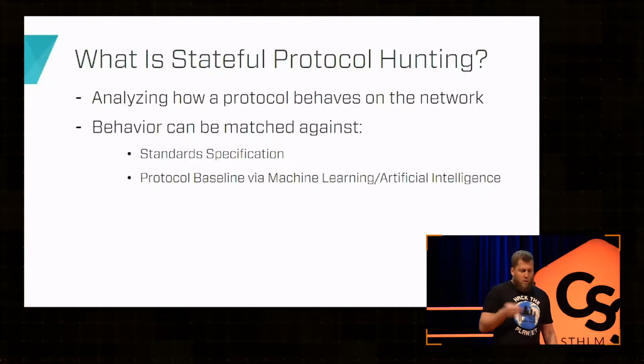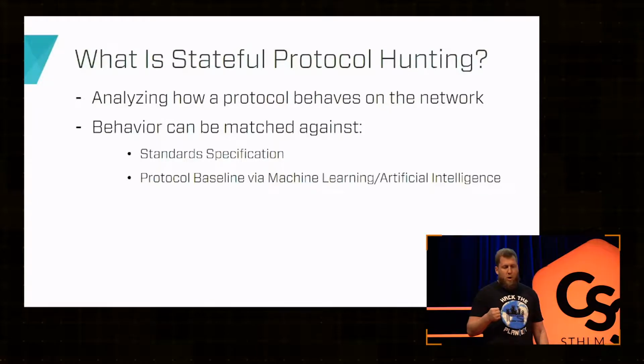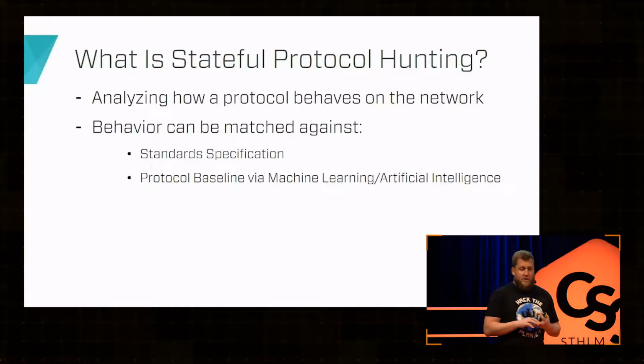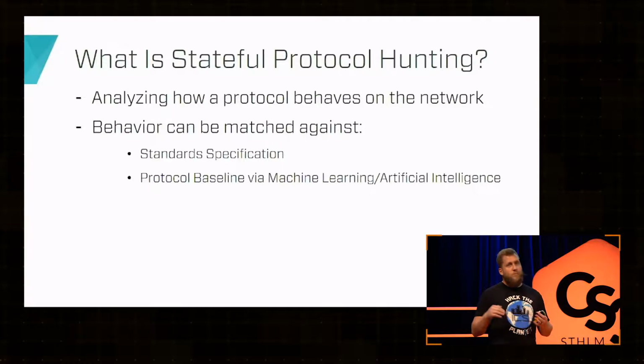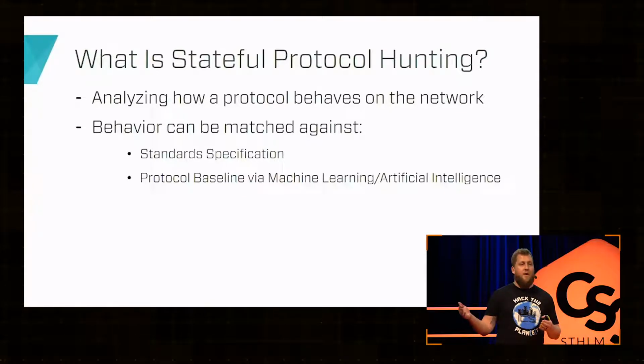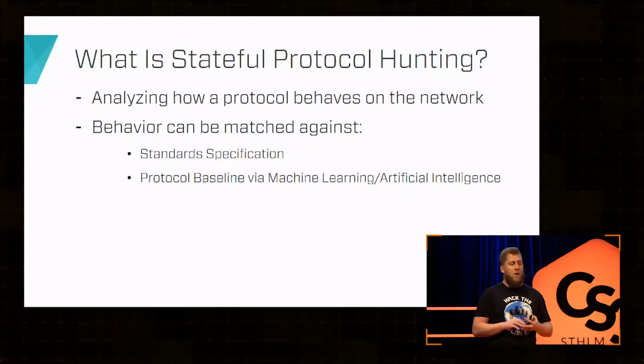What we found is that the behavior of the protocol can be matched against the specification of the protocol, or an established baseline of how a specific vendor's implementation of that protocol looks. Vendors implement protocols to different levels of specification, so vendor X's implementation of the protocol will differ slightly from vendor Y's implementation of that same protocol.